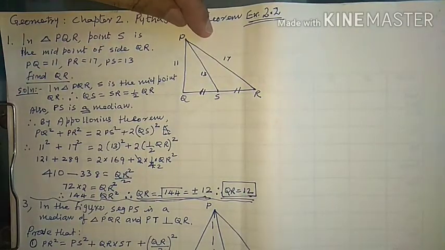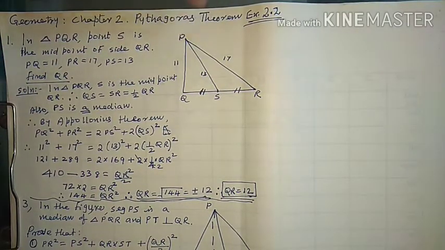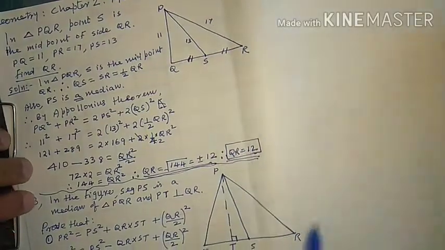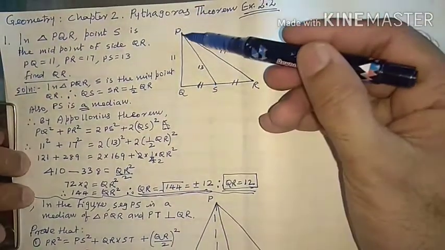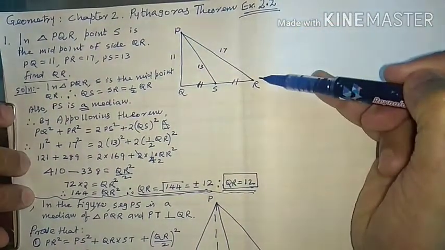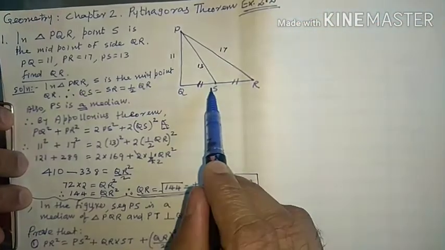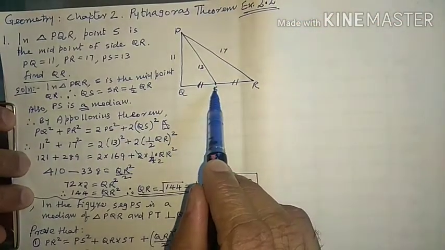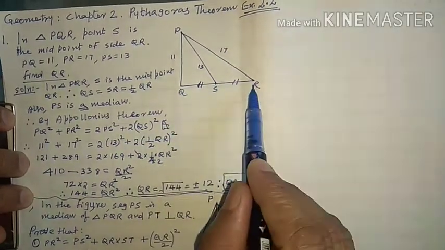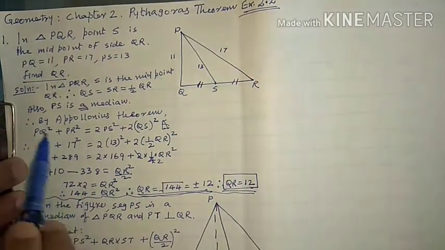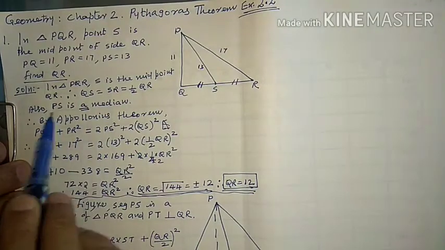So here it is Apollonius theorem. Means PQ square plus PR square equal to twice PS square plus twice QS square. Then QS is half of QR. We substitute the values.